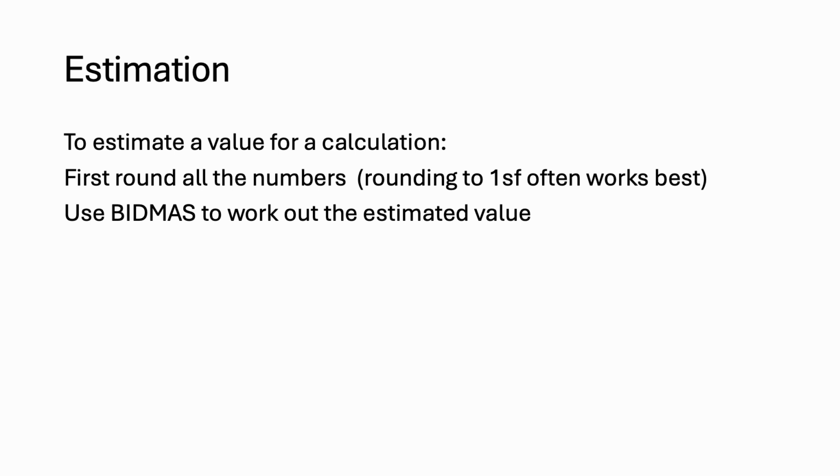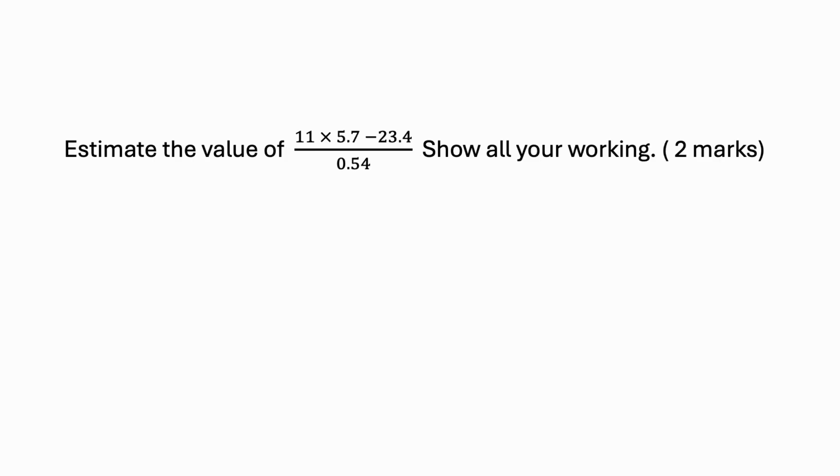And then we use BIDMAS, so our brackets, indices, division, multiplication, addition and subtraction, to work out the estimated value. So let's look at this example here. Estimate the value of 11 times 5.7 minus 23.4 all over 0.54. Show all of your workings.